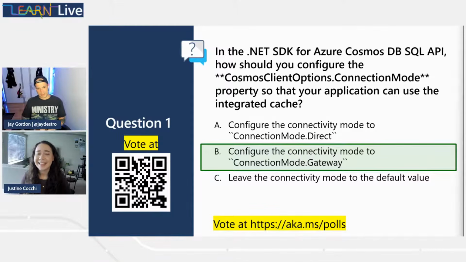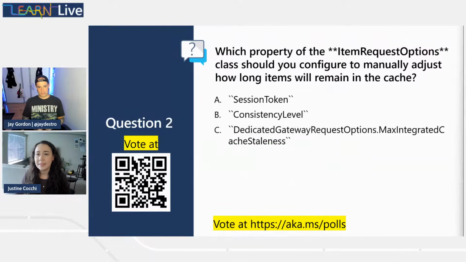And we're both right. And so, we've gone through this module. I think at this point we should know this. And I want you to head back over to aka.ms/polls because we've got one more question for you. But as I said, you're going to use ConnectionMode.Gateway because you want to utilize the gateway.